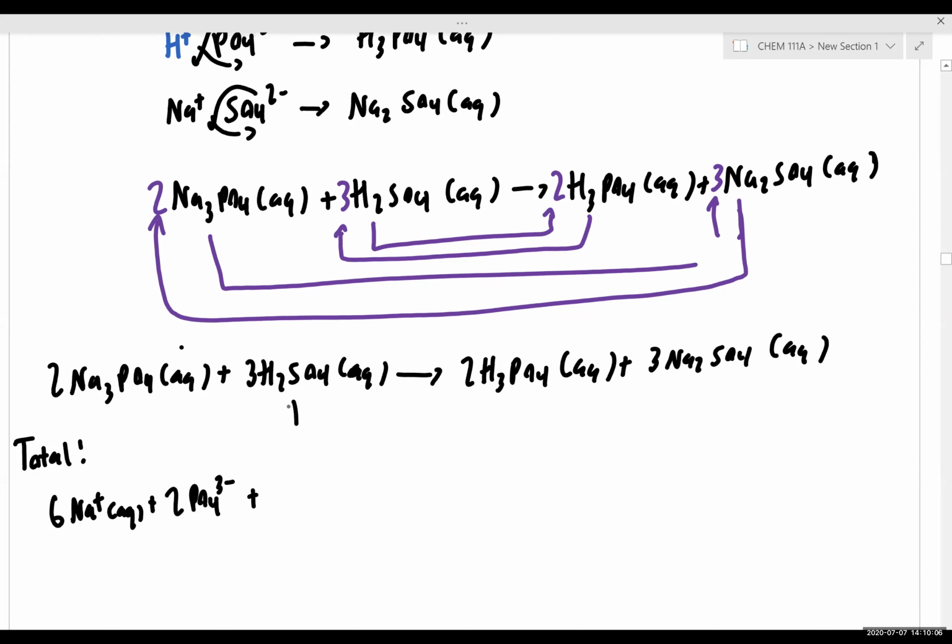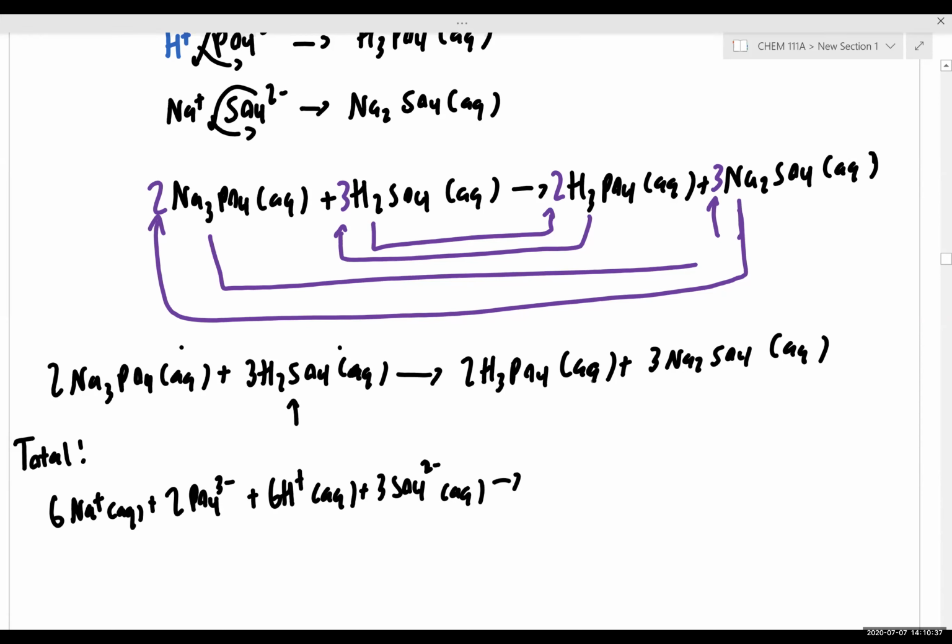Do we dissociate sulfuric acid? Is sulfuric acid a strong acid or a weak acid? Yes, it's a strong acid, so we dissociate into 6H plus aqueous plus 3SO4 2 minus aqueous.